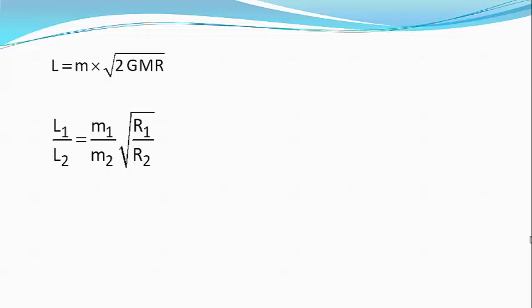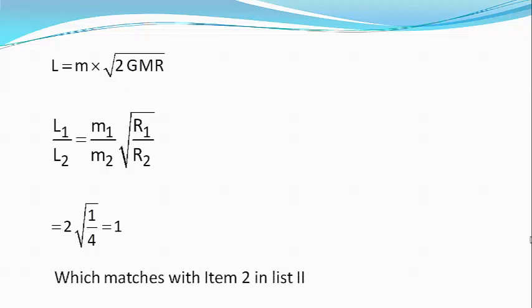Substituting the values of m1 by m2 and r1 by r2, we get L1 by L2 equals 2 into square root of 1 by 4, which on simplification gives me L1 by L2 equals 1. So item Q matches with item 2 in list 2.